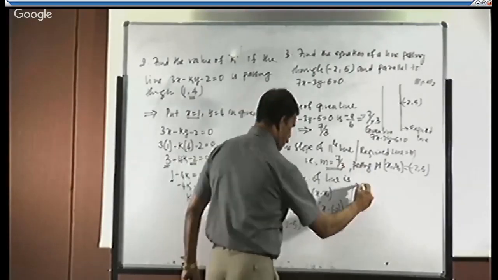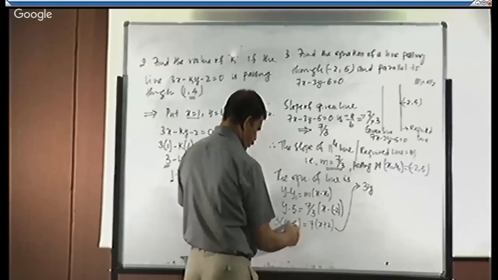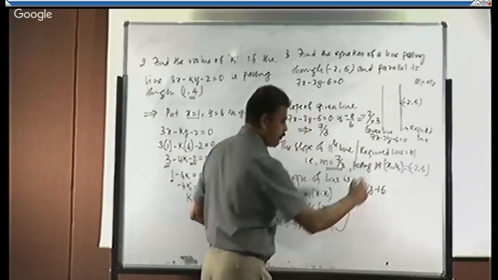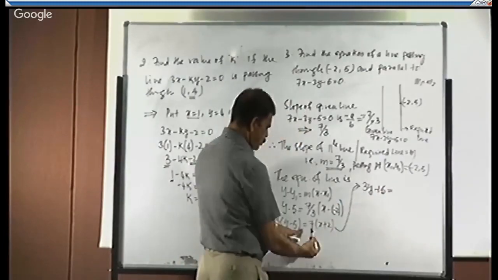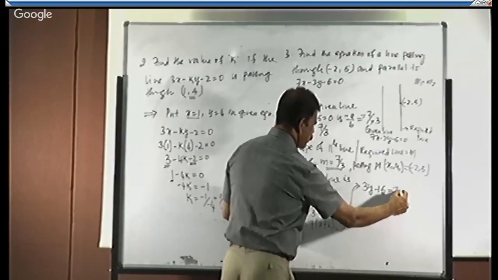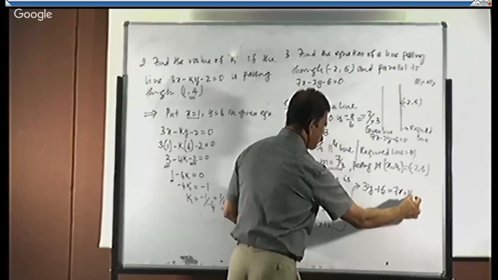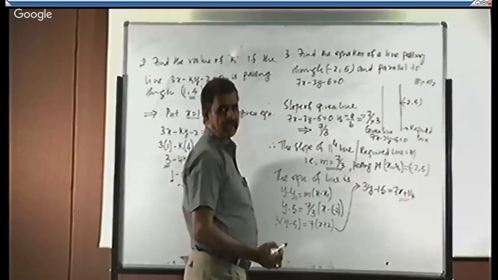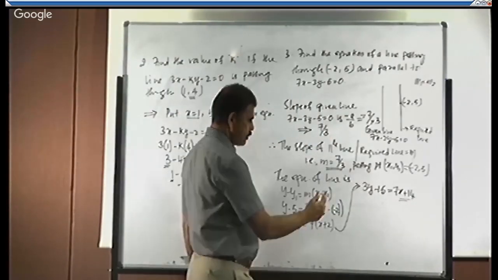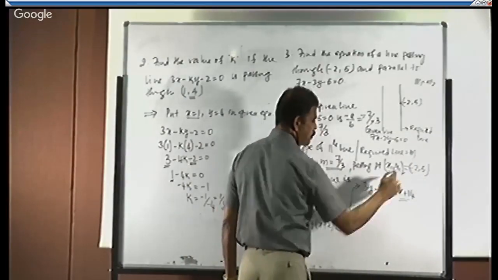3 into y is 3y. Minus into plus, minus 3 by 5 is 15, is equal to 7 into x is 7x. Plus into plus, plus 7 into 2 is 14. So here we have a positive value of x. Then you just take the other side terms to the x side.